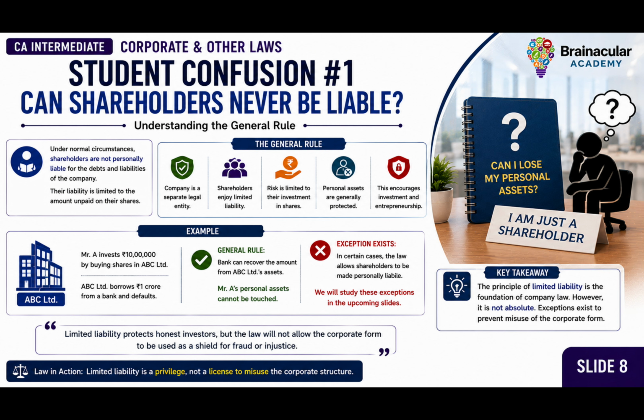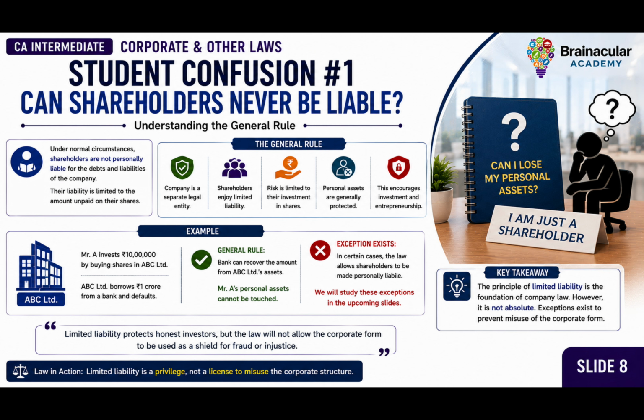But certain specific persons like KMPs and directors can be personally penalized for specific statutory violations. And if shareholders actively participate in fraud, the courts can lift the veil. The Salomon principle protects honest investors. It does not shelter active wrongdoers. That distinction is critical.